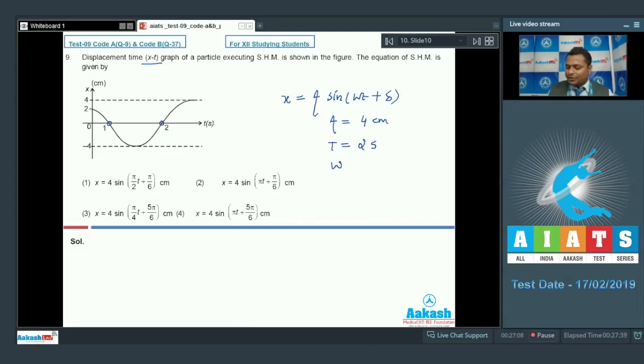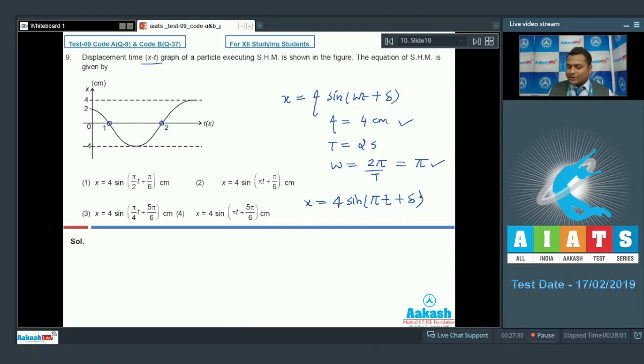As a result, omega, 2 pi by capital T, comes to pi. Putting the value of amplitude and omega in our equation of displacement, we will get x equals 4 times sine of (pi t plus delta).